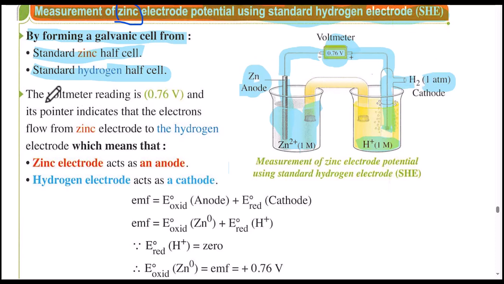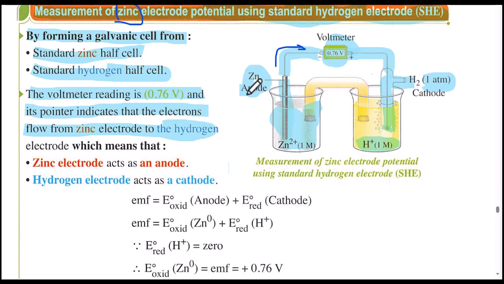So the voltmeter reading is 0.76 volts, and its pointer indicates that the electrons flow from the zinc electrode to the hydrogen electrode.